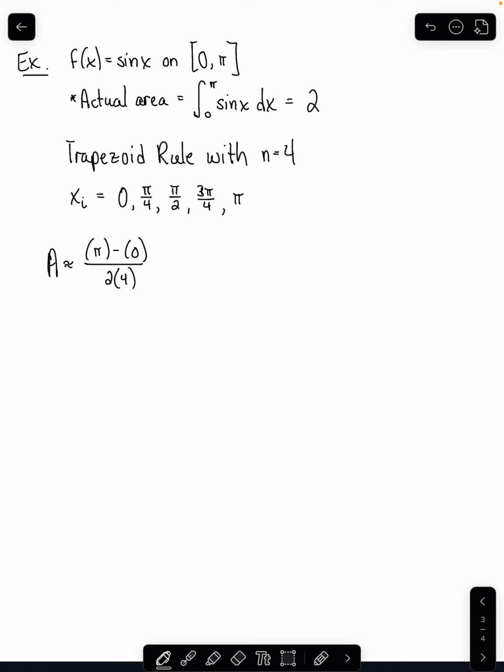That's our 1/2 times delta x. And this is going to be multiplied then by sine of 0 plus 2 times sine of pi over 4 plus 2 times sine of pi over 2 plus 2 times sine of 3 pi over 4 plus 1 times sine of pi.